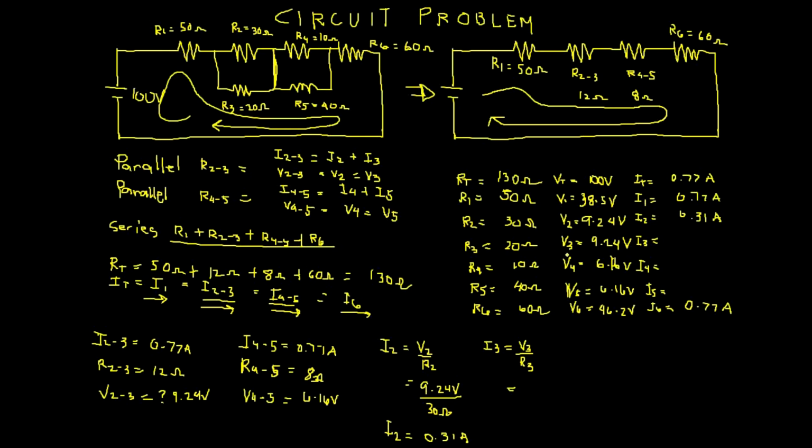So, ang V3 natin is 9.24 din, divided by R3 natin na 20 ohms. So, ang I3 natin is 0.462 or simply 0.46 ampere.